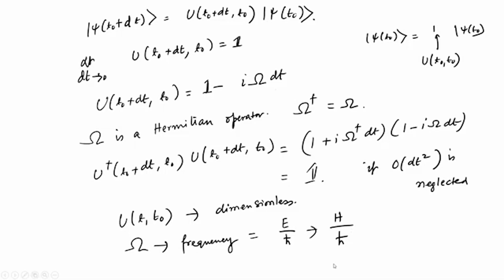So that tells you that U of t, t0 has a form which is equal to 1 minus i H, well, this is for the infinitesimal operator. So this is t0 plus dt and t0.